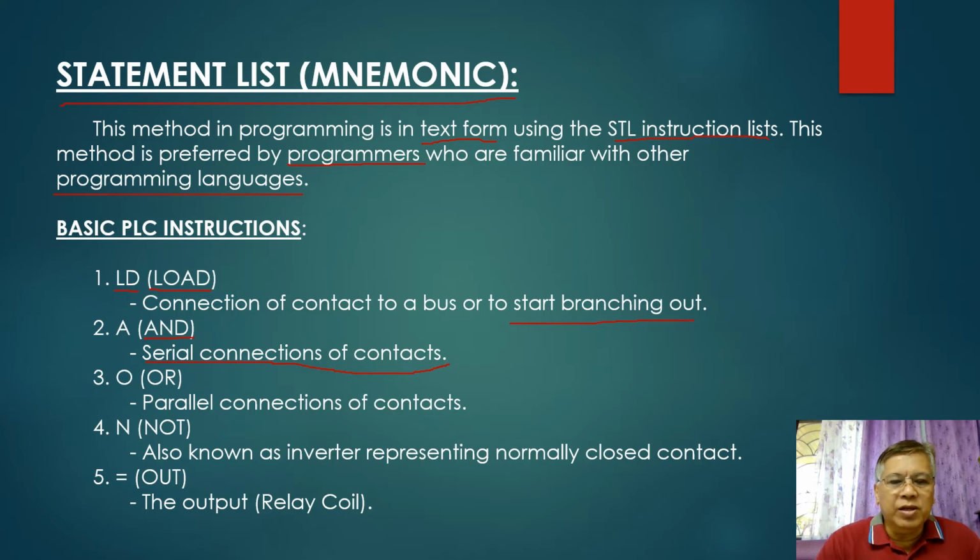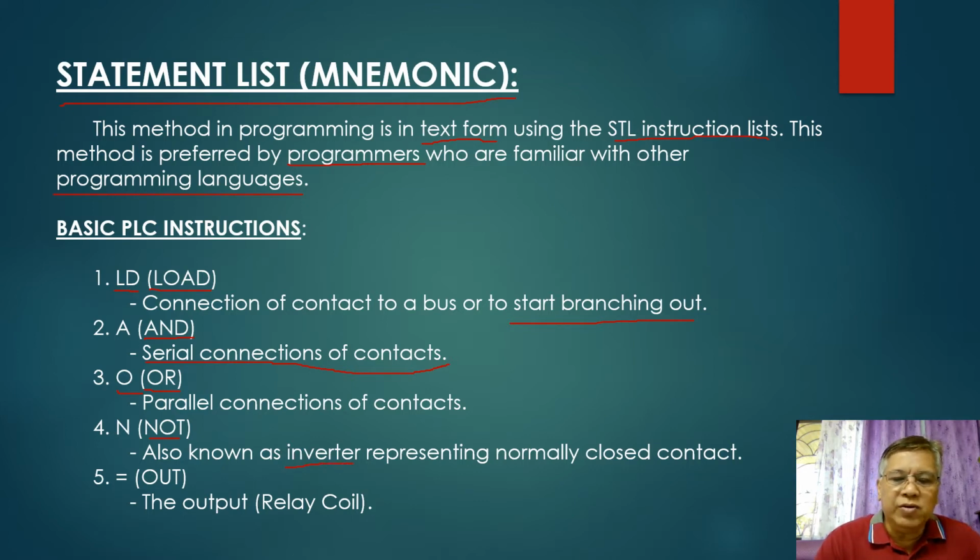Then the third one is OR, which is represented by O. These are parallel connections of contacts. And we have the NOT OR, which we sometimes call the inverter.